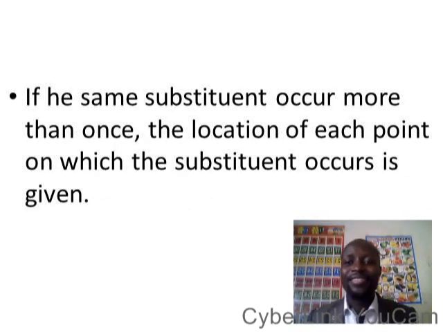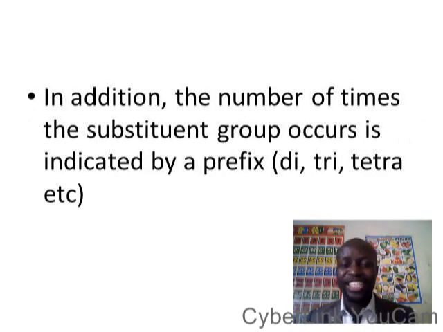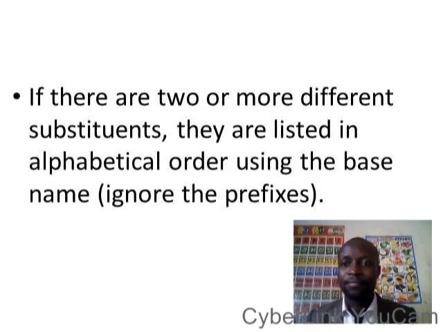If the same substituent occurs more than once, the location of each point on which the substituent occurs is given. In addition, the number of times the substituent occurs is indicated by the prefix di, tri, tetra, penta, hexa, etc. If there are 2 or more different substituents, they are listed in alphabetical order using the base name.